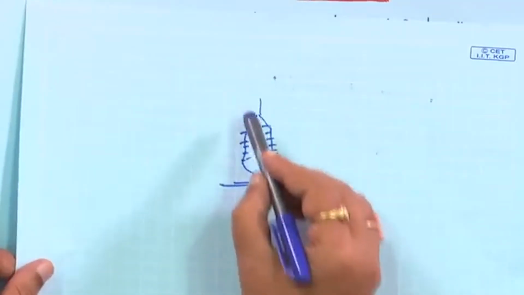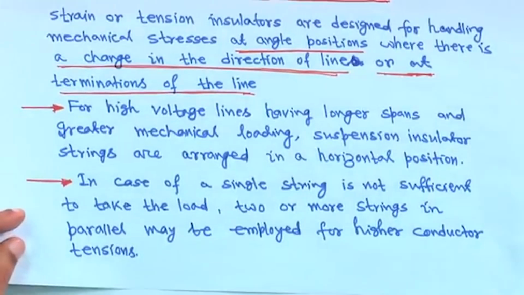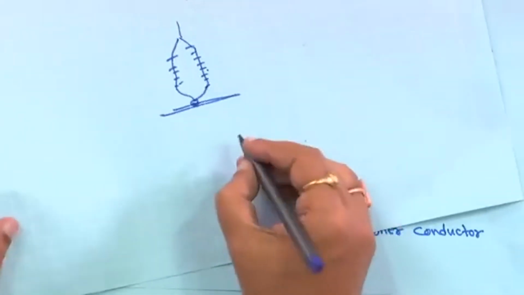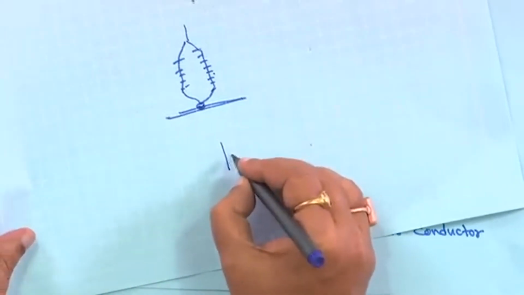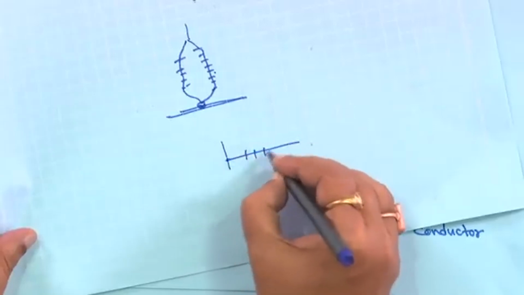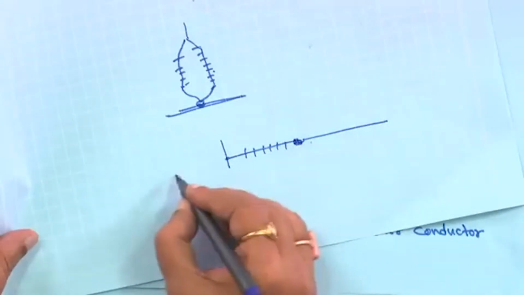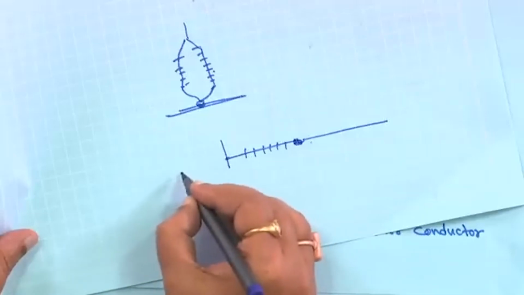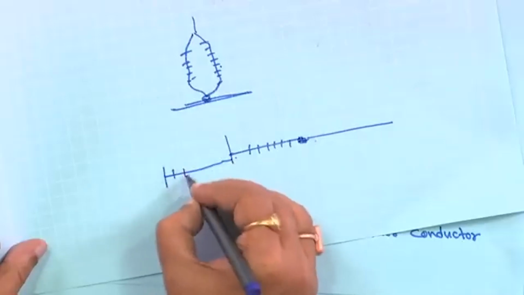You can observe it is connected like this, they are in parallel. And I told you that for a high tension line sometimes it is connected like this. Suppose this is the tower cross arm, for example. These are the insulator strings, and the conductor line is coming from somewhere and connected here, and from the other side, I am just showing schematically, this is your insulator.